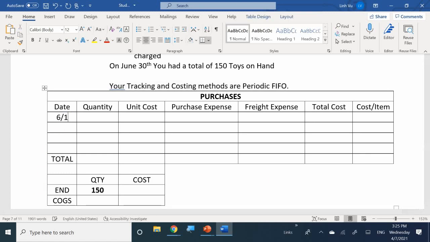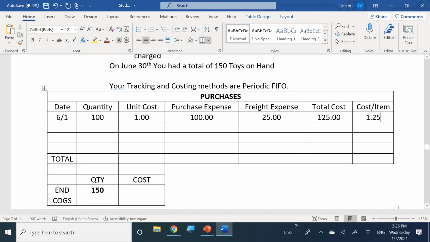So 100 units, then the dollar per unit cost to give you a purchase expense of $100. Perfect, $1.25.